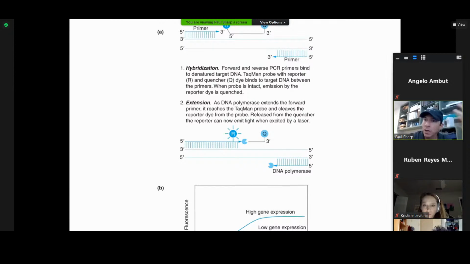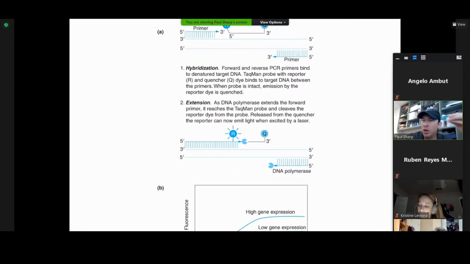So if you're looking at a particular gene that you're researching, and you start out with 1,000 mRNA copies, and that is converted into cDNA, now you have 1,000 cDNA copies.